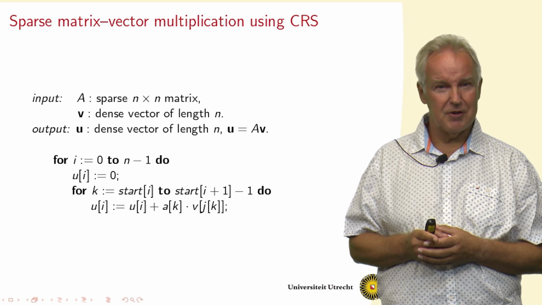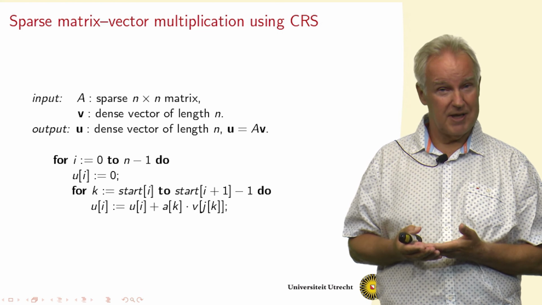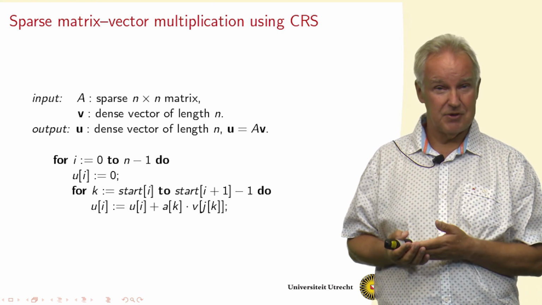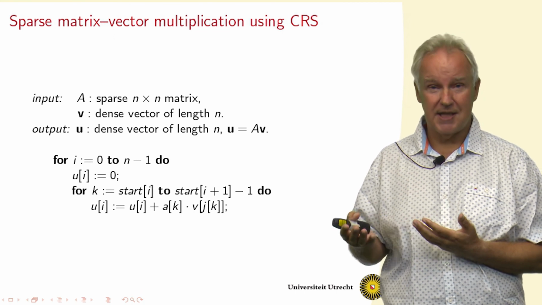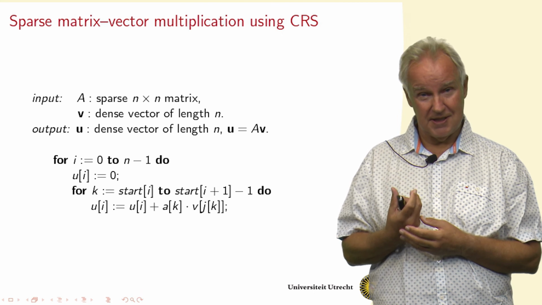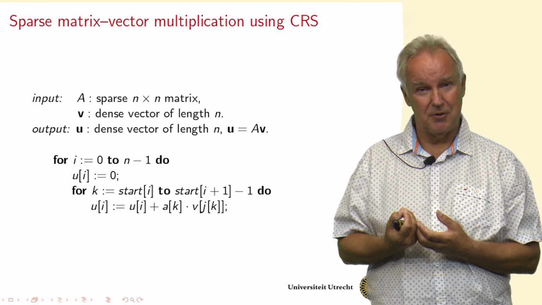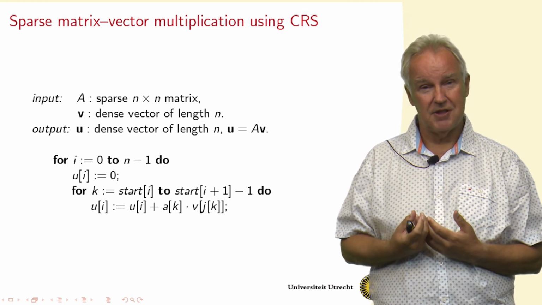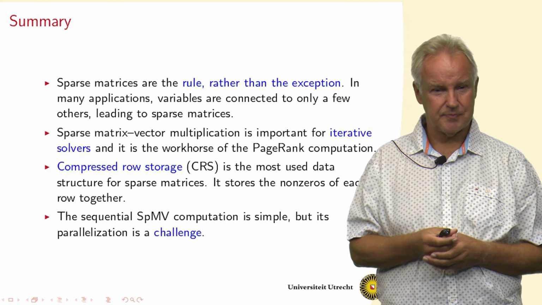And for all of those, we add to u_i the numerical value, a_k, times the value of v at j_k, because j_k is the column index, and that tells you where we should find the v value. So this is the formulation for the CRS data structure.